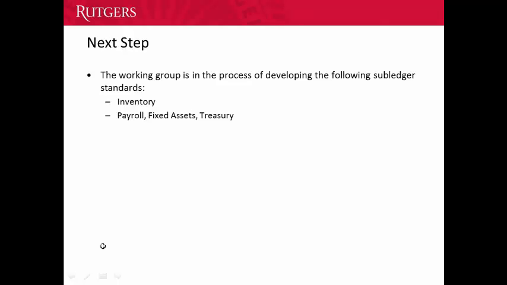Now let's take a look at the next step. Right now we already have several ADS, but the working group is still in the process of developing some more subledger standards: inventory, payroll, fixed assets, treasury.